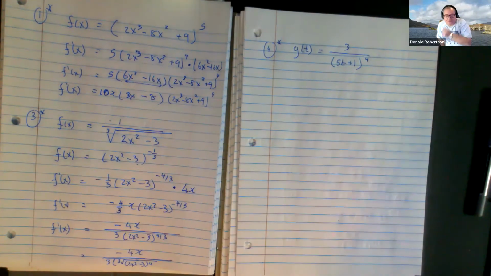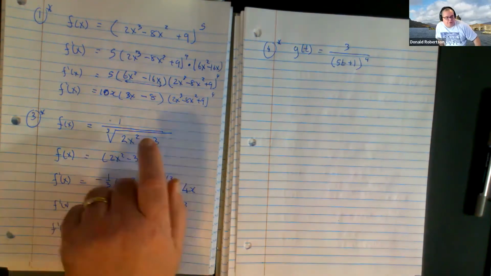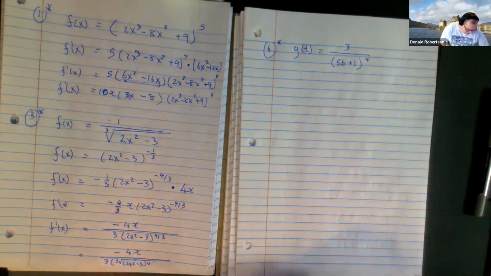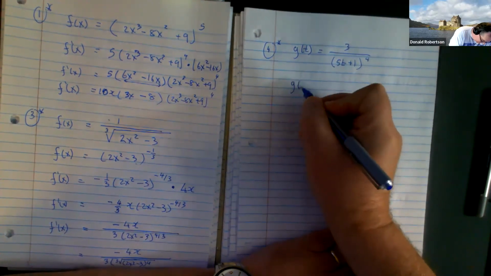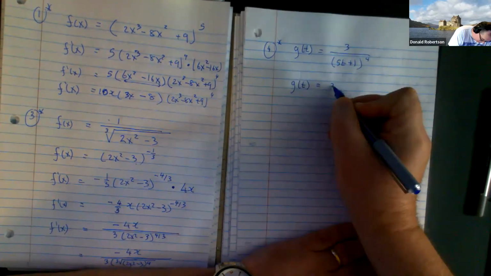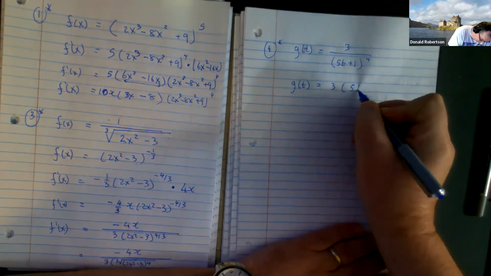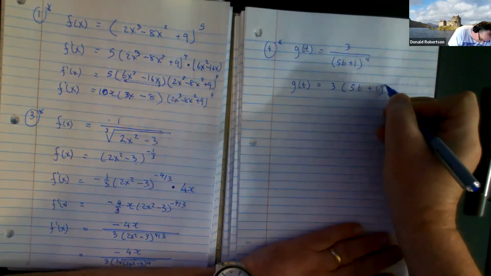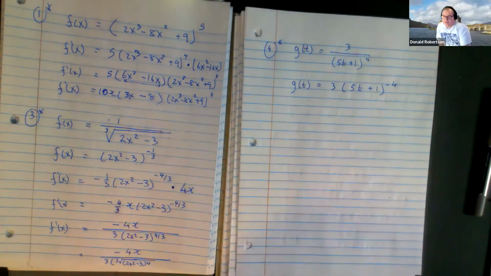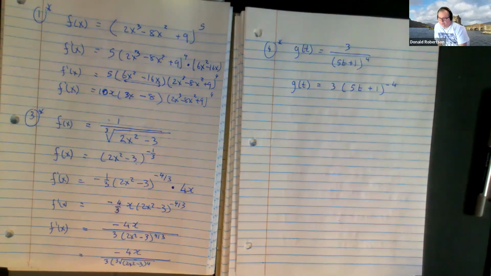There's a pretty ugly looking fraction, definitely not as bad as this one. But if I want to do the chain rule on it, don't I have to call it that? Right? Fractional power becomes negative power.